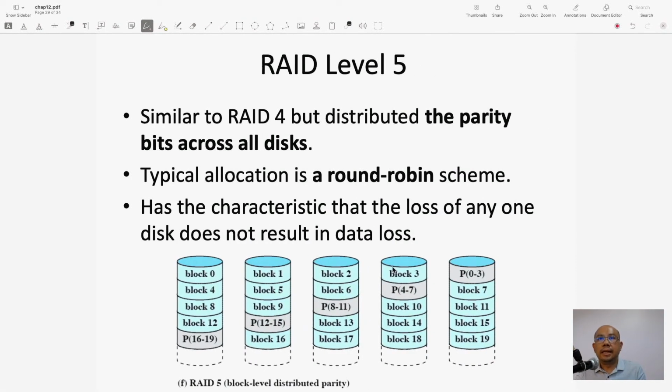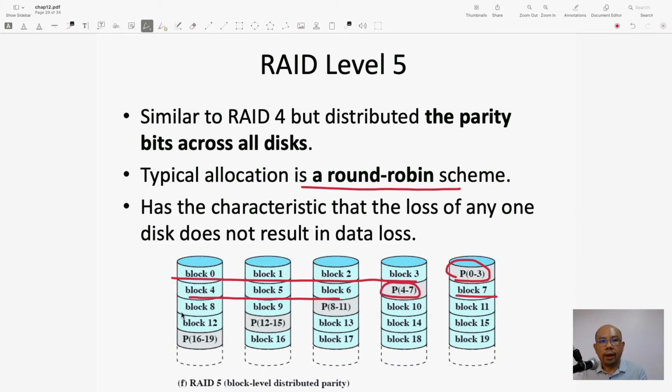So here level 5 is used with the round robin method, distributing the parity bits to each drive. Here, block 0, 1, 2, 3: write the parity of blocks 0 to 3 on the fifth drive. Blocks 4, 5, 6, and 7: the parity of blocks 4 to 7 is written on the fourth drive.